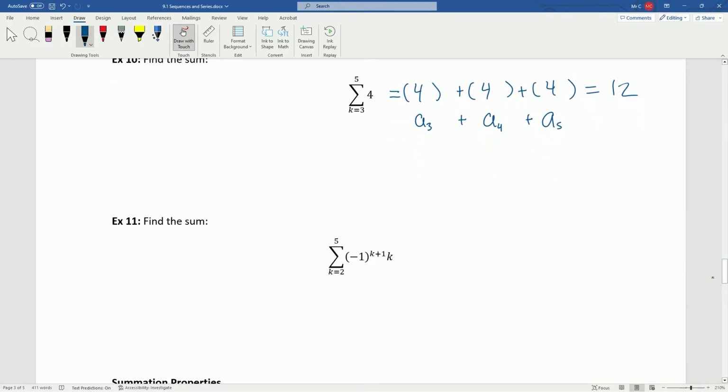All right, find another sum. We've got the sum from k equals 2 to 5 of negative 1 to the k plus 1 power times k. So this is going to be a2 plus a3 plus a4 plus a5.